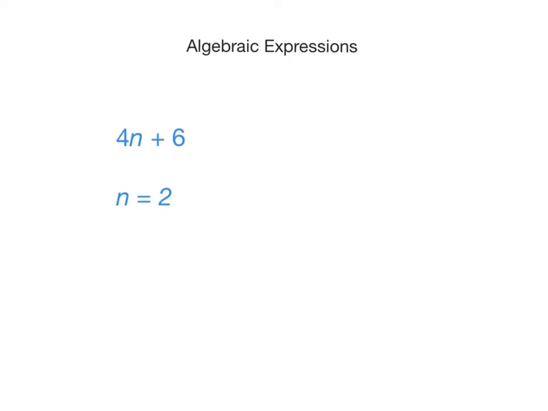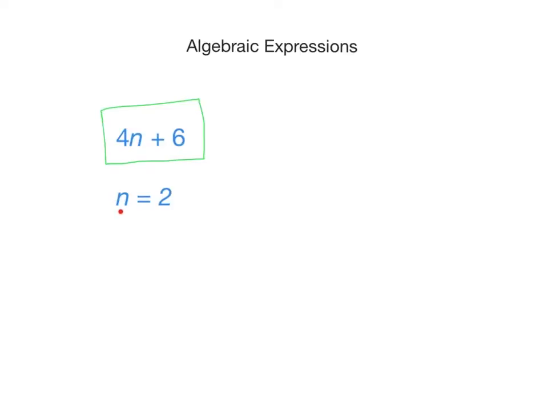Lastly, I'd like to clear up some misconceptions that we may have about algebraic expressions. So over here is our algebraic expression. What you may have noticed is that algebraic expressions do not contain any equal signs. Therefore, we cannot solve them unless we are given our variable.